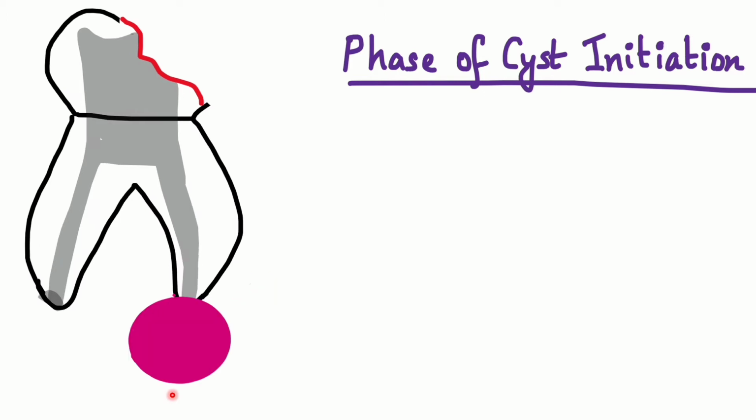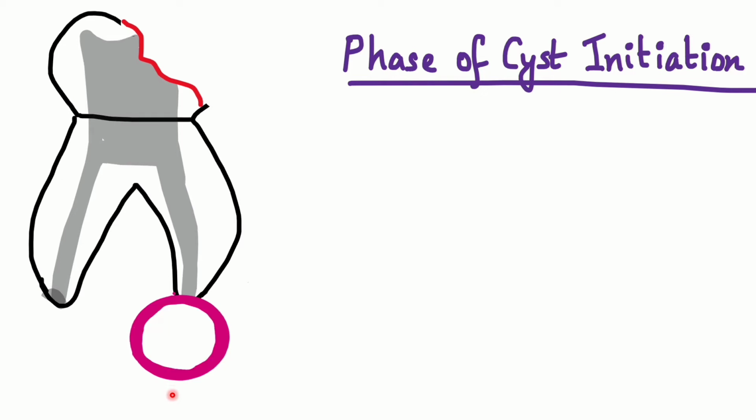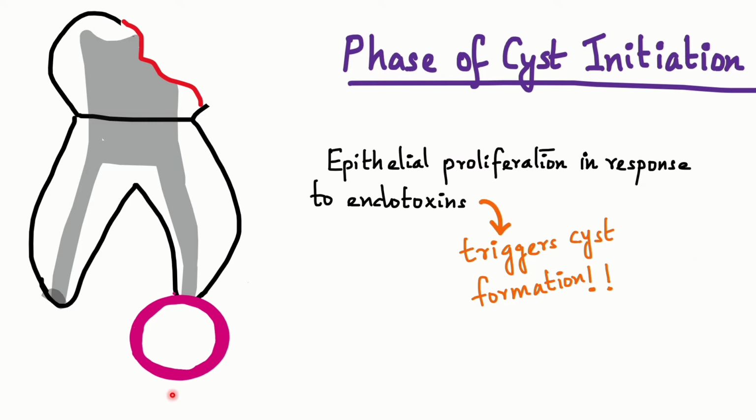This will start forming a granuloma. This is the first response. Later this granuloma changes into a cyst. So the epithelial proliferation in response to the bacterial enterotoxin is going to trigger the cyst initiation.